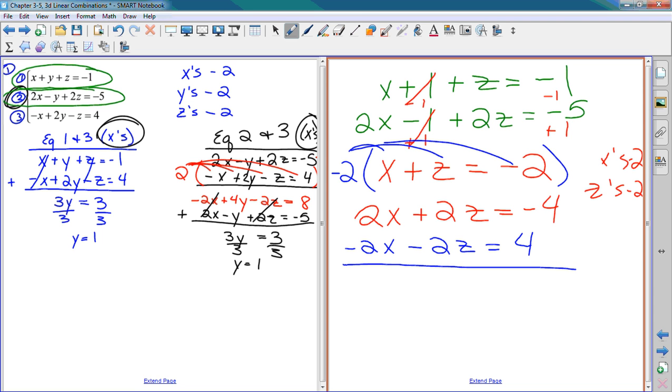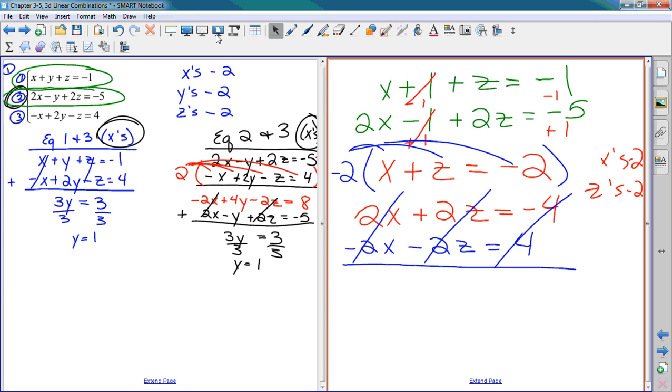What's going to happen? Everything's going to cancel out. You can't have 0 equals 4. Why is there no solution? Remember, when we had 2 by 2s and there was no solution, what kind of lines did we have?